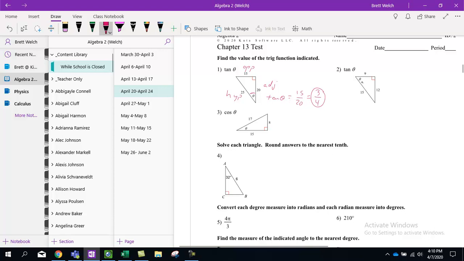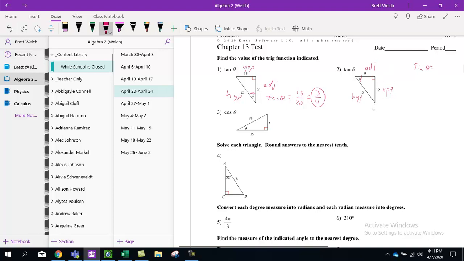Question number 2 says, what's the tangent of theta? Well, I'm going to give the tangent, but I'll also give the sine. Remember, the sine is opposite over hypotenuse, so we'll do that along the way. Here from theta, the opposite would be my 12, the adjacent would be my 9, and the hypotenuse, of course, is this longest side, 15.